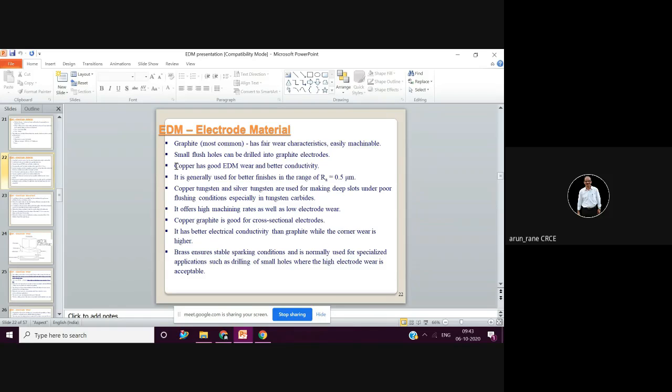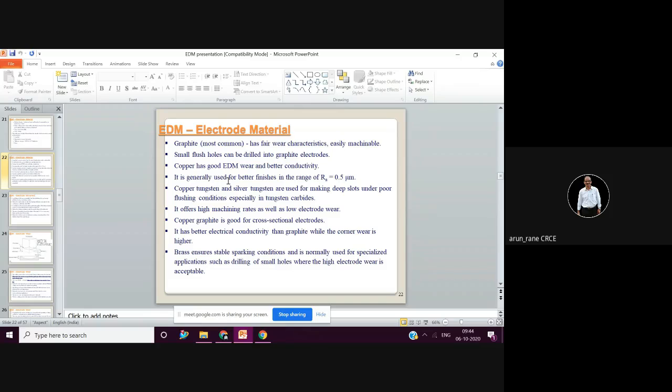That is a common practice in EDM shops. His role is only at the time of setting up the new electrode, because you have to true the electrode in all three planes. Even if it is round, you have to set it in X, Y, and Z directions, and then you have to sync it.